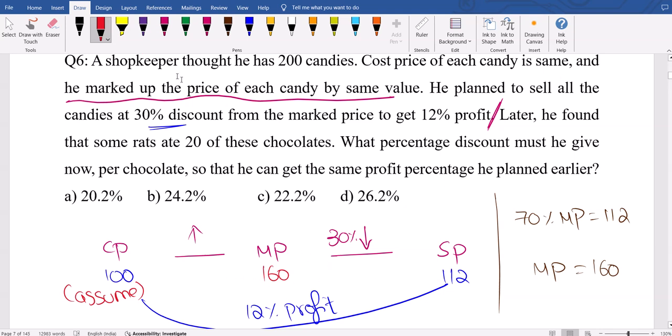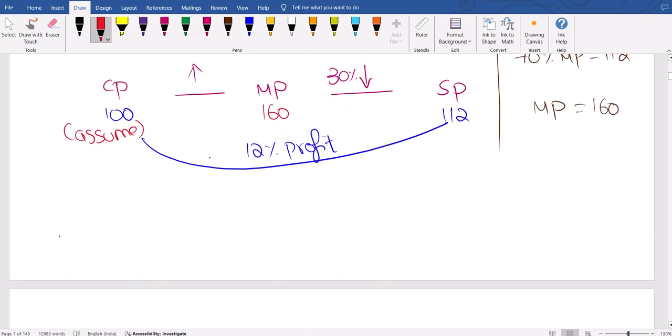See, the cost price is 100 only. Cost price cannot be changed, right? Now let us say this is the price for 200 chocolates. You purchased 200 chocolates for 100 rupees each, but now you want the same 12% profit.